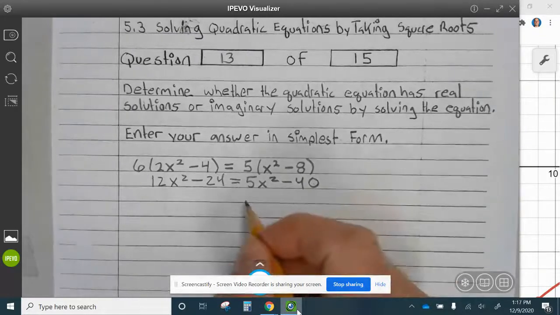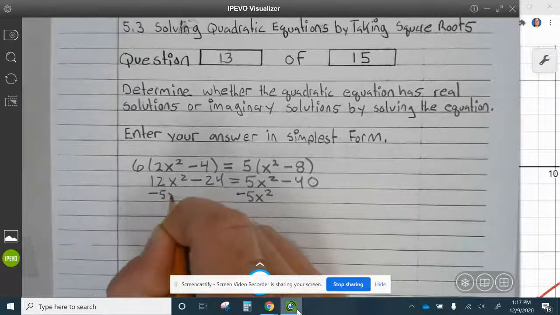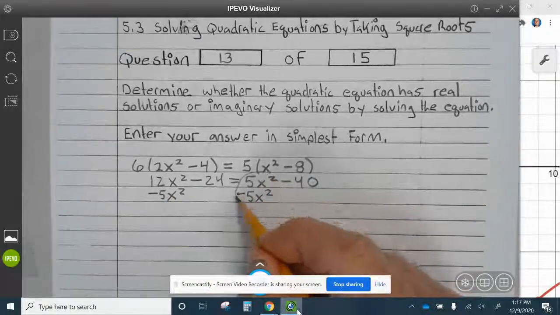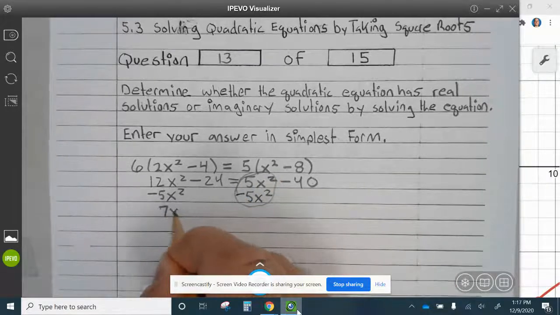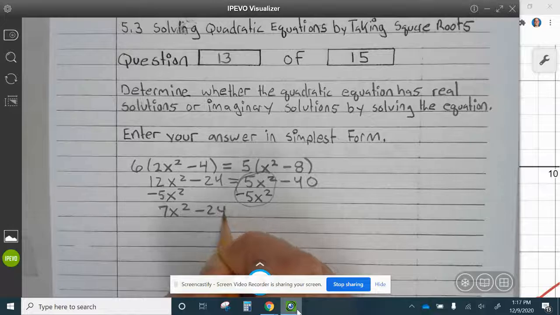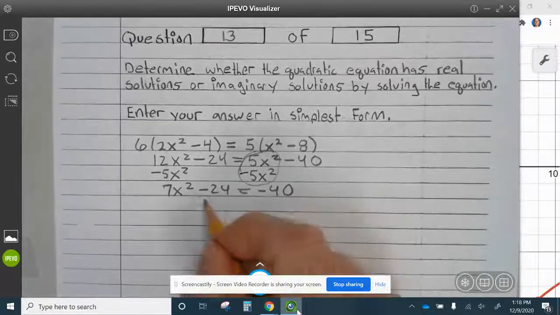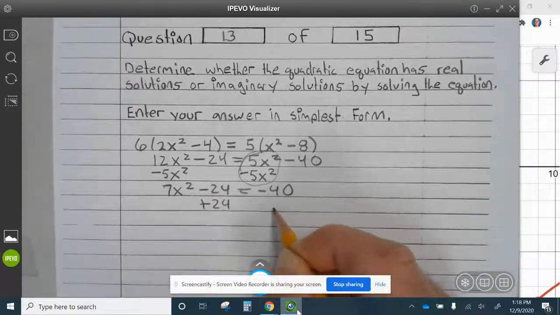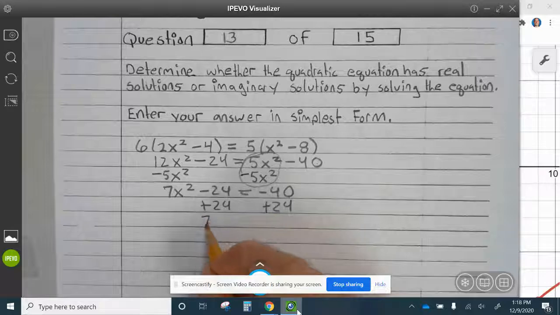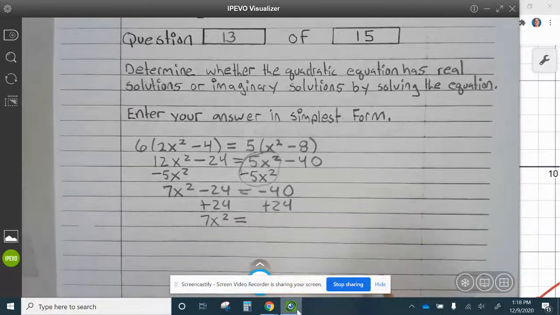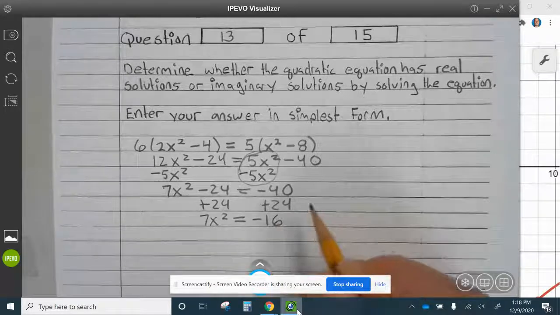So it's always a good idea to subtract the smaller x squared from both sides. So let's do that. This is 0. So then you have 7x squared minus 24 equals negative 40. Add 24 to both sides. Okay, you get 7x squared equals negative 16.